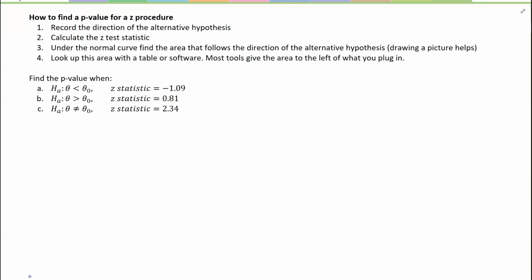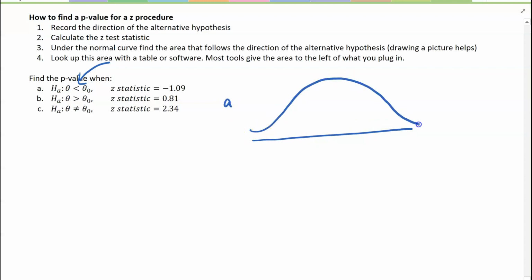All right, so let's look at this alternative. It says theta is less than theta naught. So that less than piece is going to tell us how we find our p-value. Coming from the standard normal distribution, we want to draw the standard normal. And remember, the standard normal distribution has a mean of 0 and a standard deviation of 1.